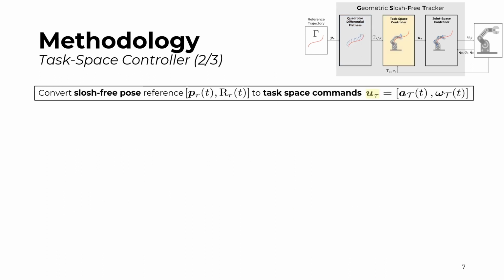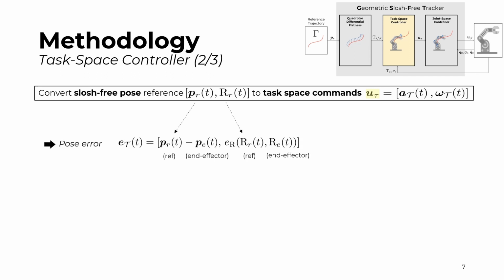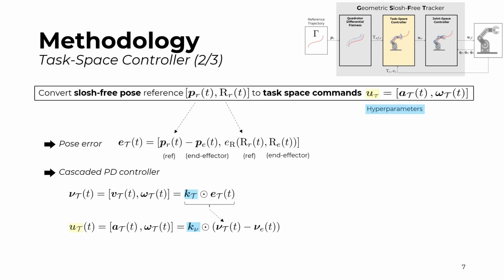In the second stage, we convert the slosh-free reference obtained from differential flatness into task space acceleration commands. To do so, we define a pose error function in SE3. Upon this error, we apply a cascaded proportional derivative controller.